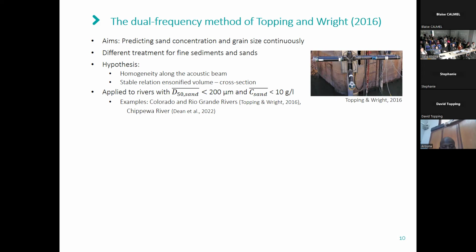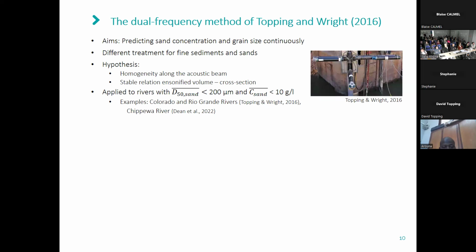This method has already been applied to several rivers where it has been developed, such as the Colorado and Rio Grande rivers, as well as recently to the Chippewa River. All these rivers have grain sizes that are smaller than 200 micrometers, and mean cross-sectional sand concentrations that are smaller than 10 grams per liter.